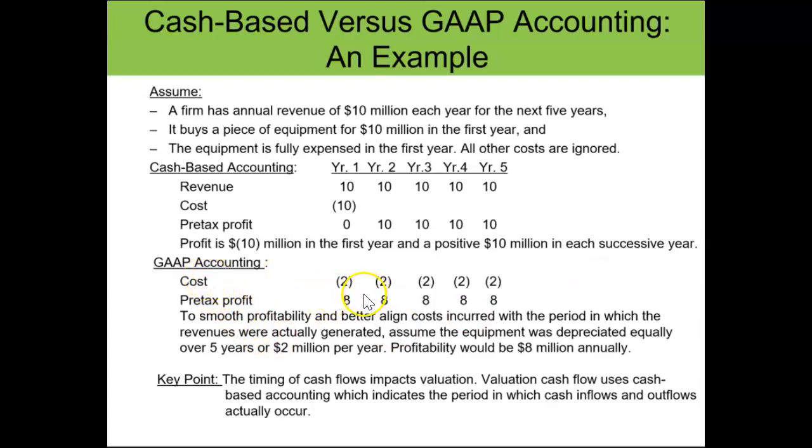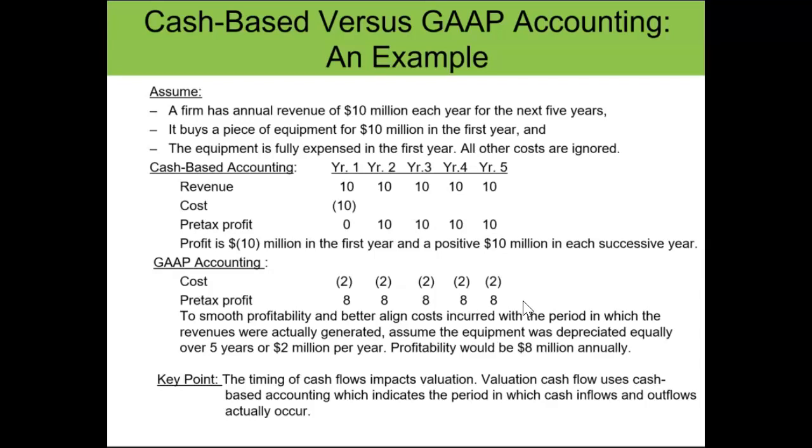Whereas in GAAP accounting, you distribute the cost of the 10 million based on the depreciation policy you adopted, and then your pre-tax profit is 8 million over the years. So the important point is, when we use the discounted cash flows or the free cash flows, we use the cash based accounting rather than GAAP or accounting's cash flow.